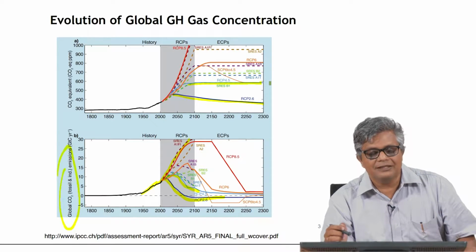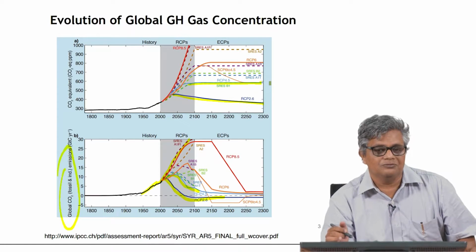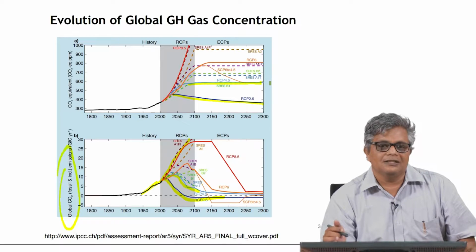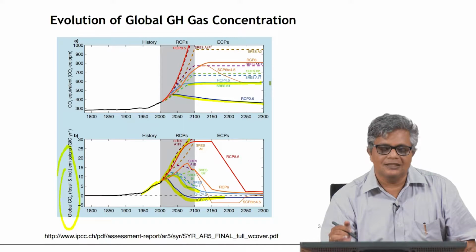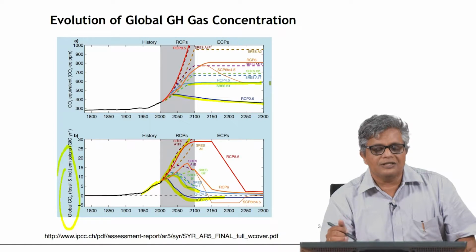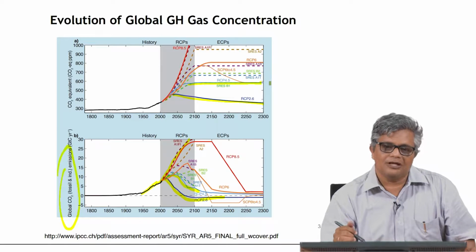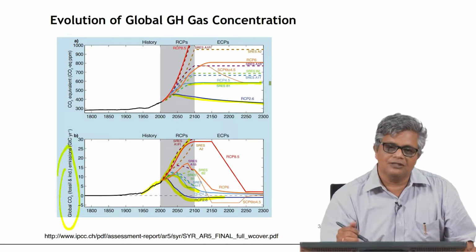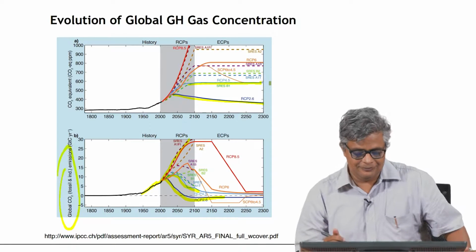So, even to maintain a carbon dioxide concentration of not more than 600 ppm, which is twice the pre-industrialized era level, we have to go down to 1/10 of the carbon dioxide emission rates from anthropogenic sources as they were in 2010.